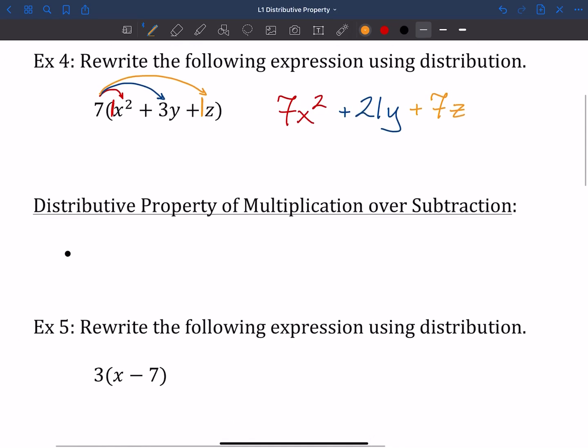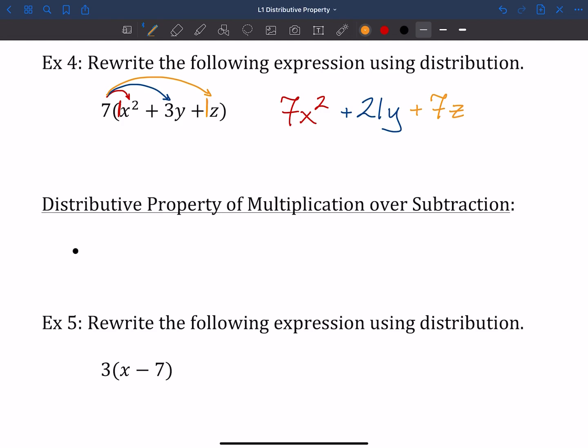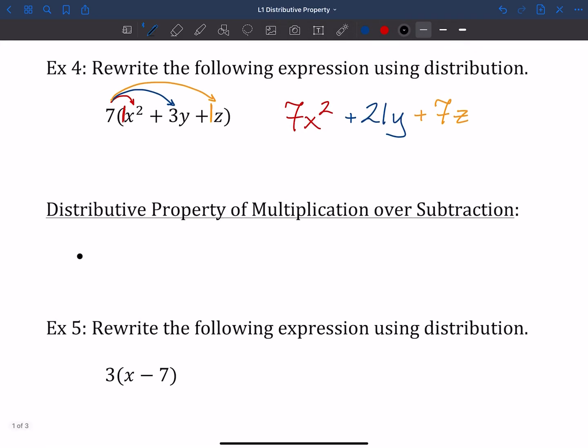So I said we'd take a look at what happens when you have subtraction floating around in there. So we have the distributive property of multiplication over subtraction, which is just a big, long way of saying that if you have something similar to what we had up top, an a, a b, and a c, but there is subtraction in the middle, then you've got to be a little bit more careful.